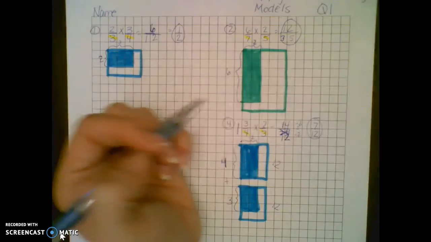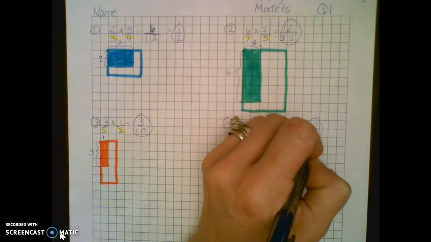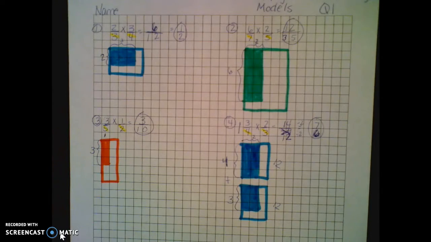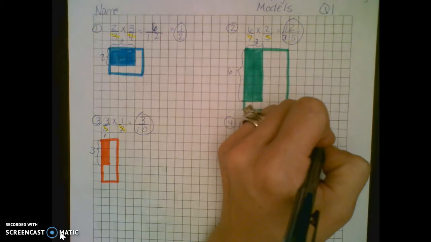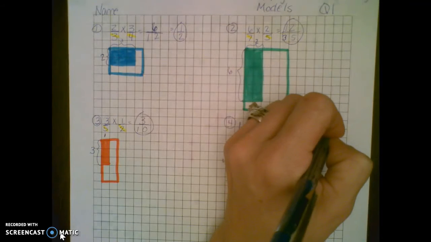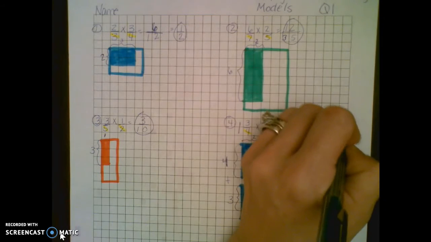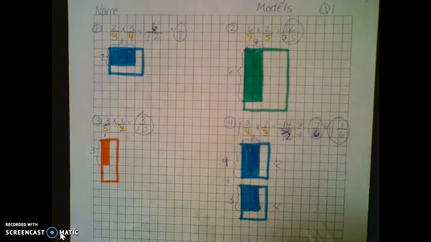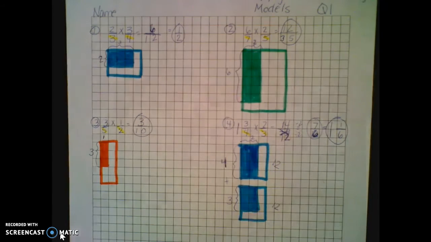That's okay. I can still divide, and I get 7/6. Since that's an improper fraction, I would say 1 1/6 is my product. I apologize. Now, turn this paper over and do the problems on the back, and come and see me, and let's have a conversation.